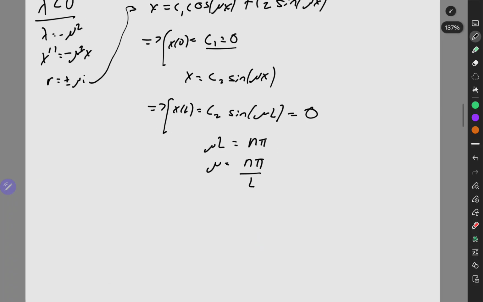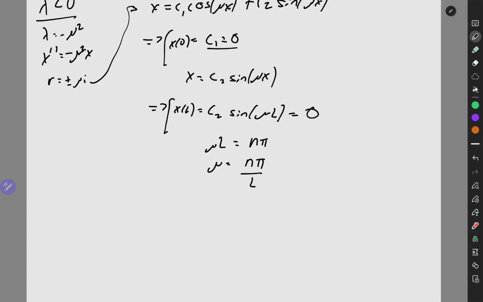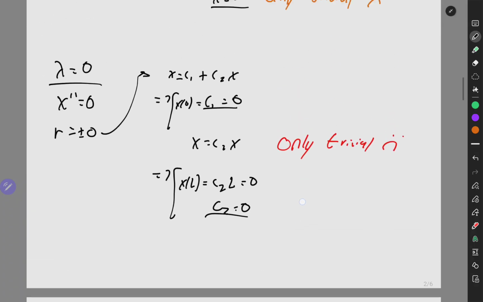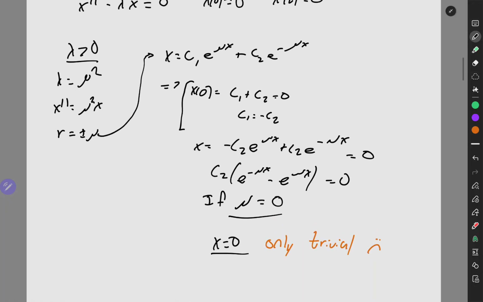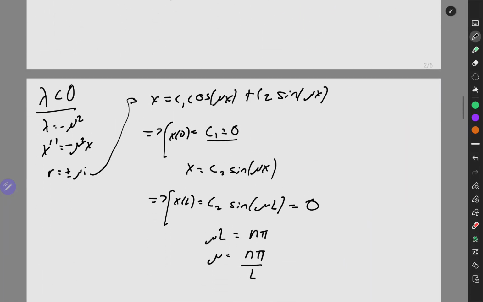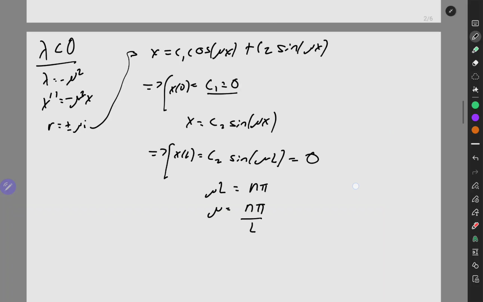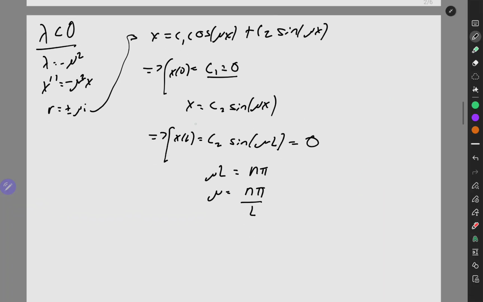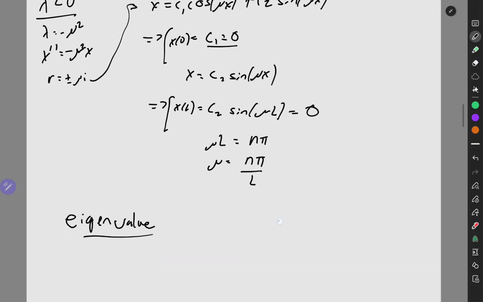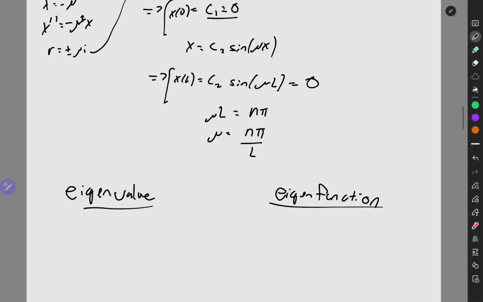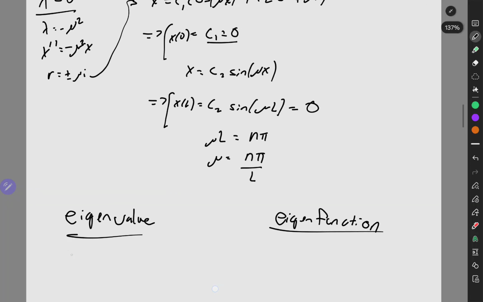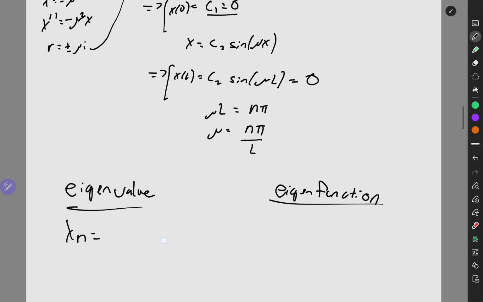Back where we were, obviously, what does this make? What makes this 0? Well, this. We get a value. Plug in mu up here. We would get, sorry, not there. Here. We would get an answer. But we're using this one here. So our eigenvalue, eigenfunction, that's what?